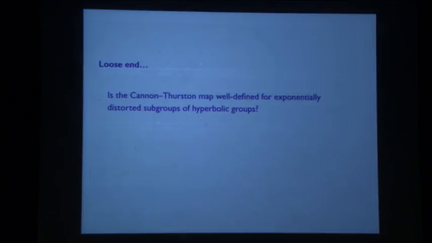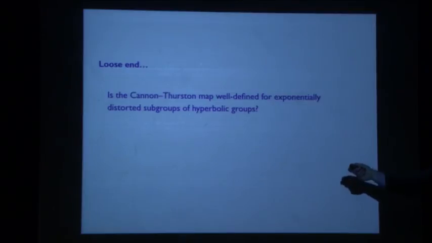And correspondingly, the subgroup H in G on the previous slide is double exponentially distorted. Now, the Kleinian groups context is a bit different, but it seems that the examples that correspond to these geometric group theory examples are all exponentially distorted or not distorted at all.